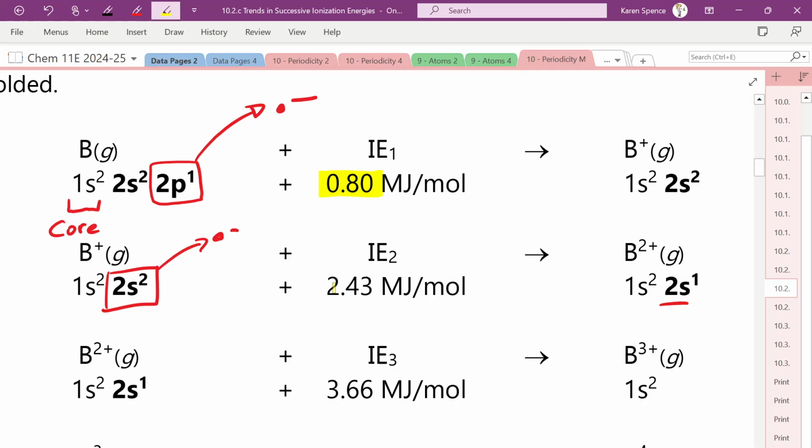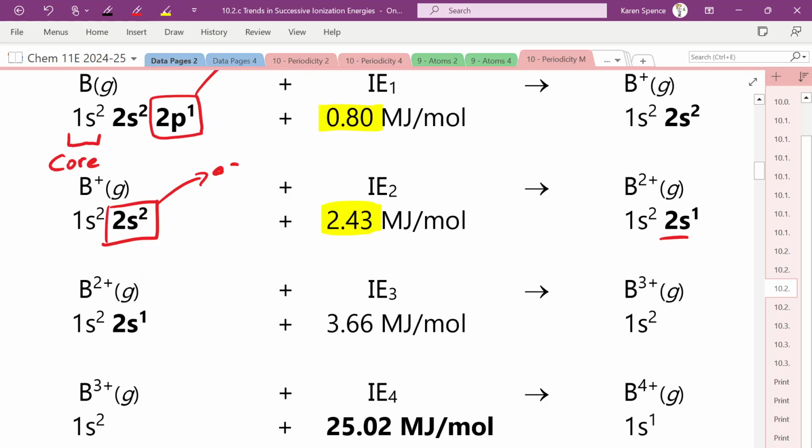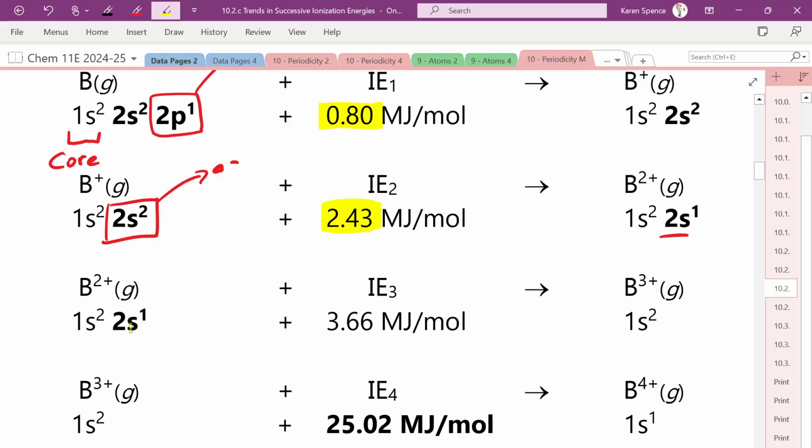Why did it require more energy? Less electron-electron repulsion, yes. Okay. And again, we are now in 2s1. We're still in the 2s subshell.